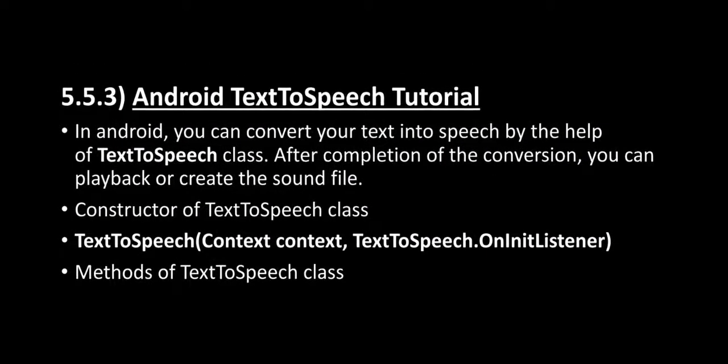Next point is the Android text to speech tutorial. In Android, you can convert your text into speech with the help of the TextToSpeech class. After completion of the conversion, you can play back or create the sound file.